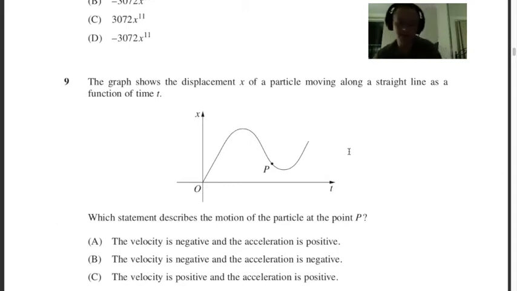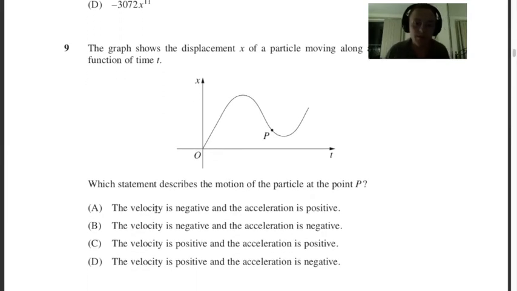Okay, I understand. The particle is moving up or down as t changes. So it's moving up, up, up, it's stationary, it moves down, down, down. Which statement describes the motion of the particle at point P?